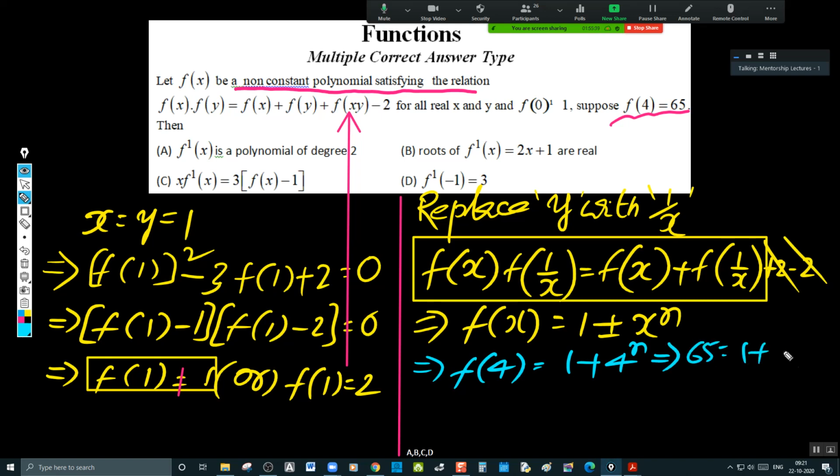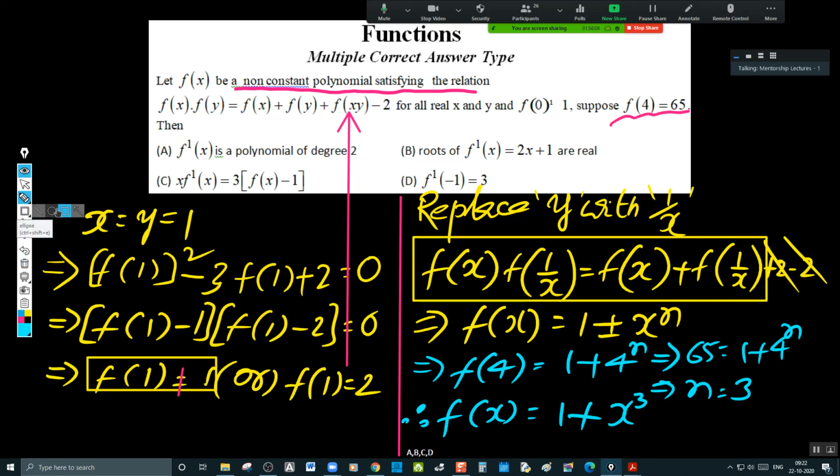Then 4 power n is equal to 64. 64 is 4 cube, n is equal to 3. Therefore, your f(x) is finally derived. What is your f(x) now? 1 plus x cube is your f(x). That's what it is.